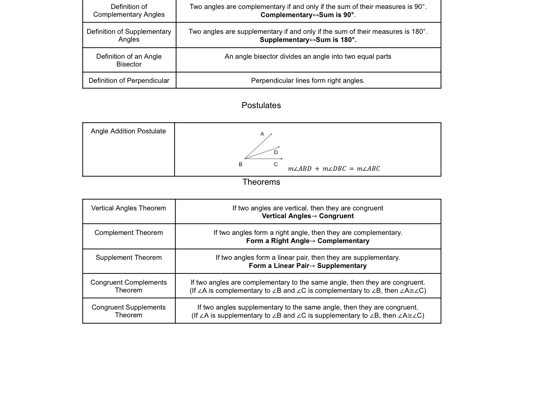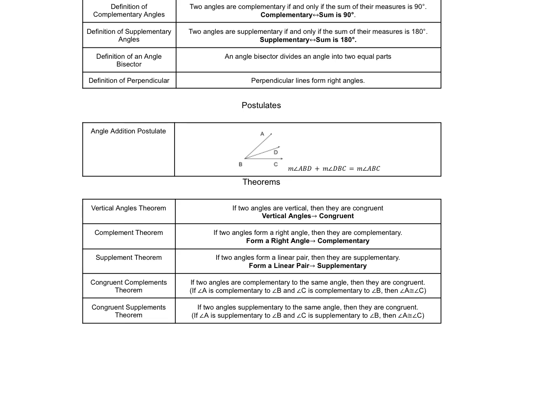And then we have two other ones. I'm not going to see these too much in geometry yet, but you may. The first is the congruent complements theorem. If two angles are complementary to the same angle, then they are congruent. So like if angle A is complementary to angle B, and angle C is also complementary to angle B, then we can assume that angle A is congruent to angle C. It kind of works with the transitive property, right, if you think about it.